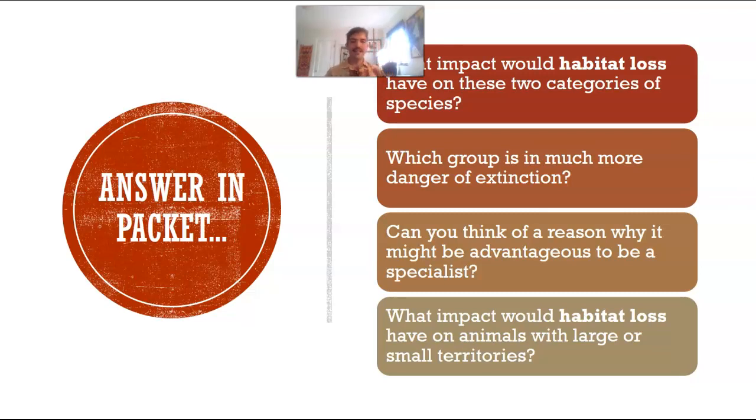So, habitat loss is devastating to specialists because they are unable to shift food sources, nesting areas, or other requirements. They are in much more danger of extinction, like I said before. In very crowded biomes like the rainforest, there are more specialists because it is advantageous to become very good at eating one particular type of food or utilizing one particular type of resource.